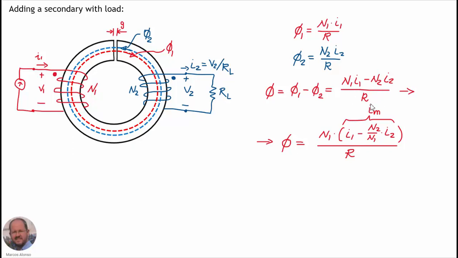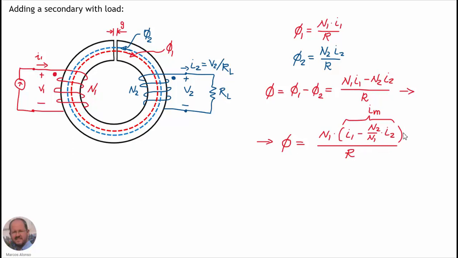And this expression for the flux, we can work on it, and we can obtain this other expression, the number of turns in the primary times a current, which is obtained in this way, I1 minus the turn ratio times I2, divided by the reluctance. So we can see that this is the number of turns in the primary times a current divided by the reluctance.